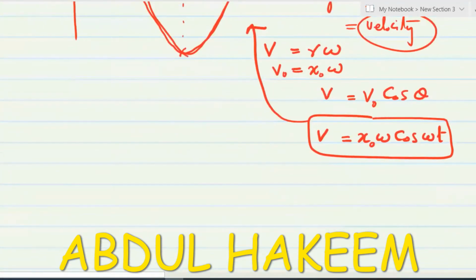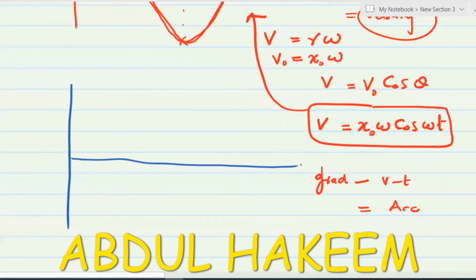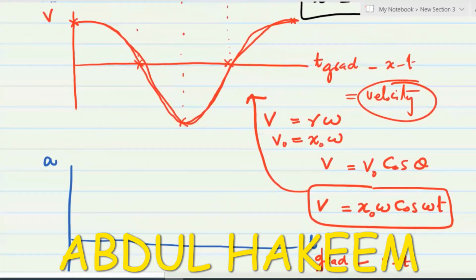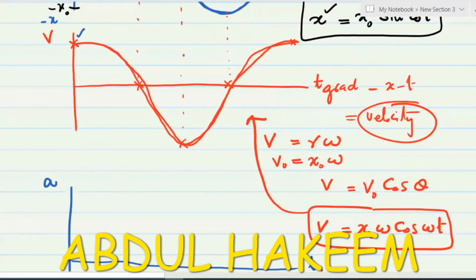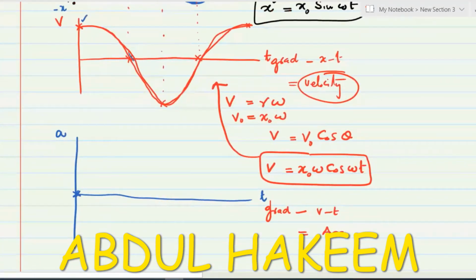Now, we know that the gradient of the velocity against time graph is acceleration. So the next graph is acceleration on the y-axis and time on the x-axis. Look at both graphs. Here the gradient is 0, so acceleration is 0. At this point, the gradient is maximum but negative, so here acceleration is maximum but negative.